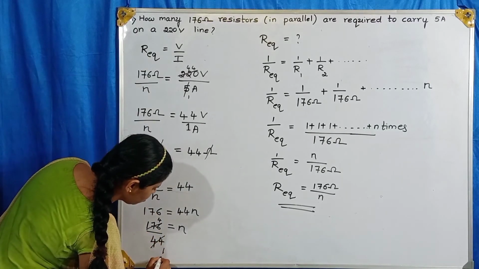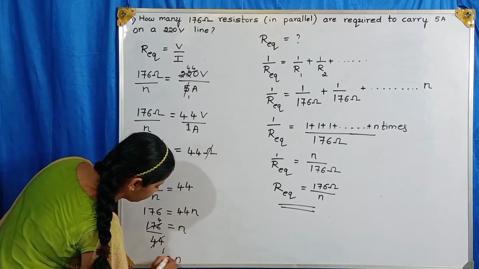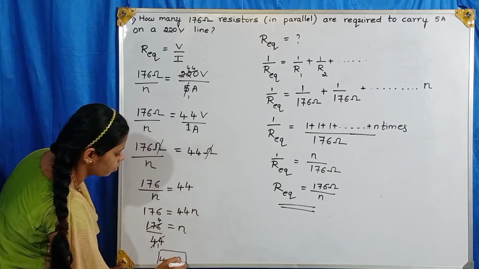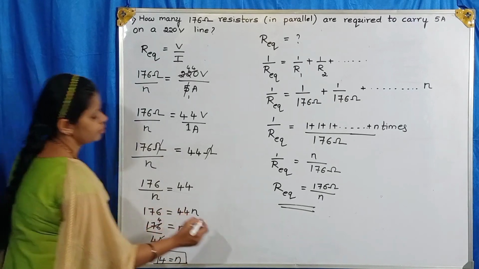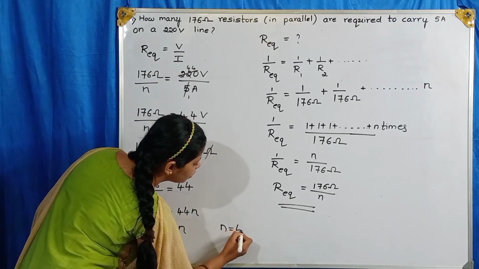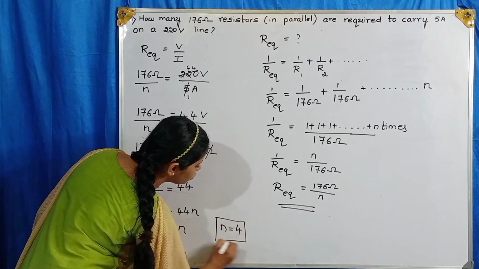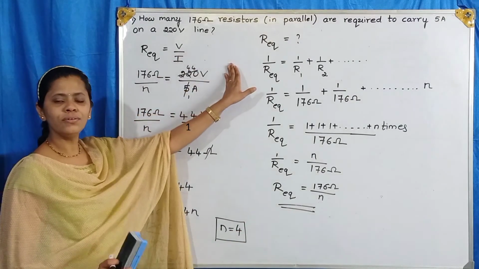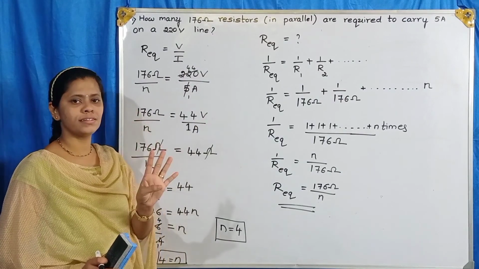That is 4 is equal to n. That is, the number of resistors used in the circuit is how much? 4. In this circuit, they have used 4 resistors.